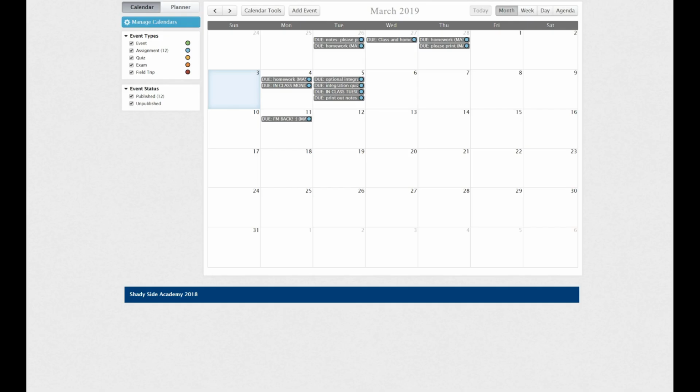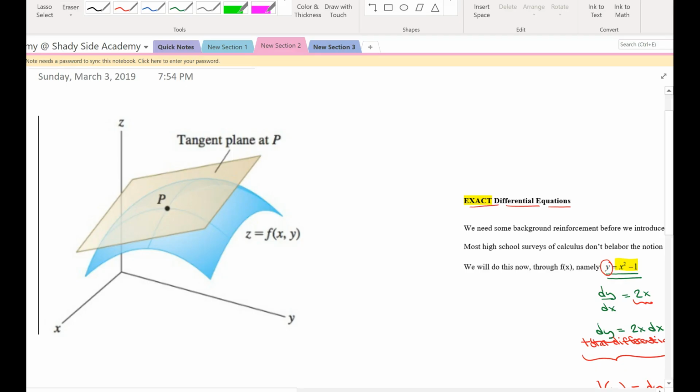So on this tangent plane, if I were to move in just the x direction, this distance, I would see that the z value would drop slightly, correct?